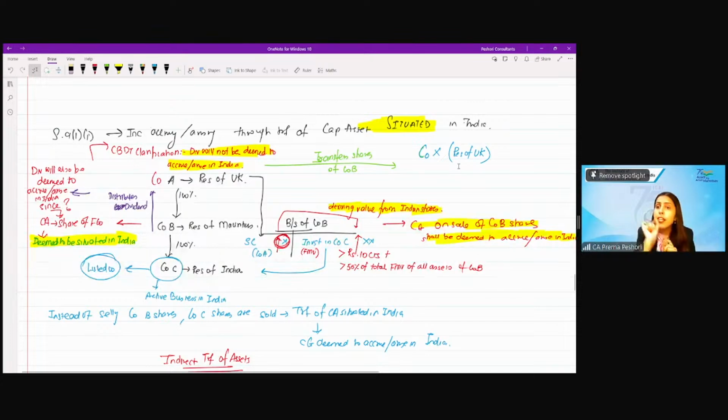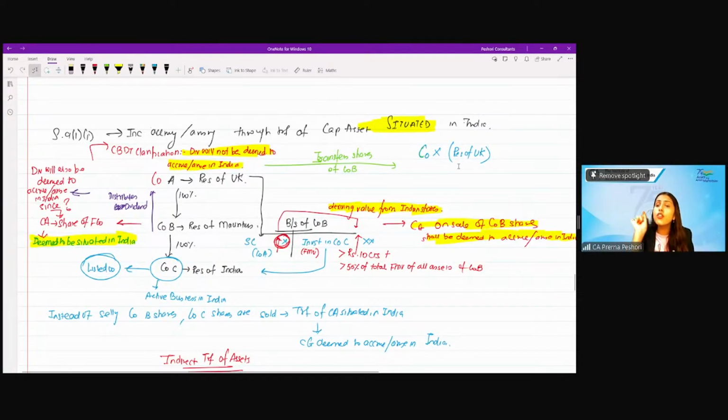An independent agent who is working in the ordinary course of business, and who is not working mainly or wholly for one non-resident or its related party, will not constitute a business connection. We had seen that business connection excludes purchases for the purpose of export. Secondly, SEP. SEP is what?